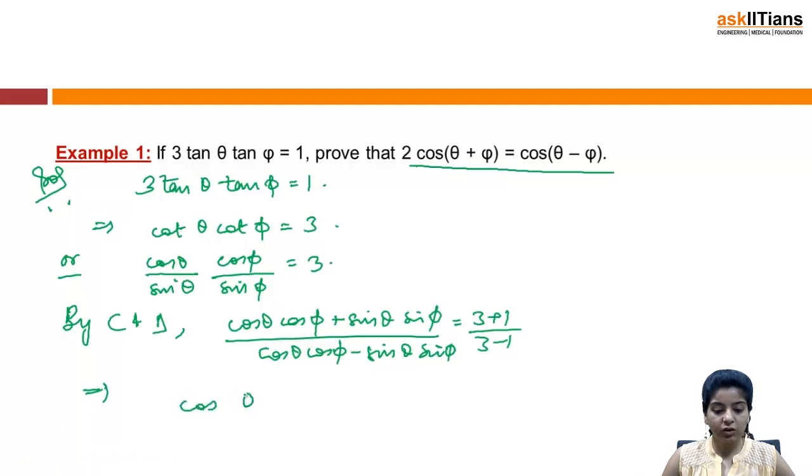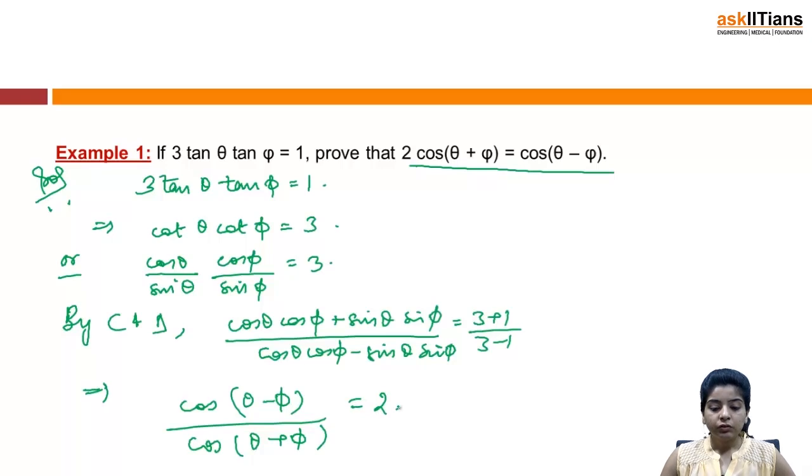So this gives me cos of theta minus phi, on the basis of the formula we have discussed just now, upon cos of theta plus phi becomes 2. So I think that is what we were required to prove. We get 2 cos of theta plus phi is equal to cos of theta minus phi, and that is exactly what was required to prove. So we have reached the conclusion.